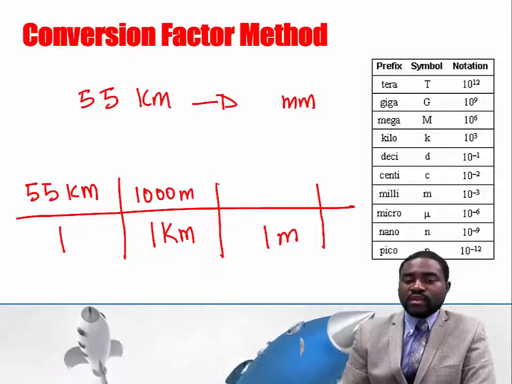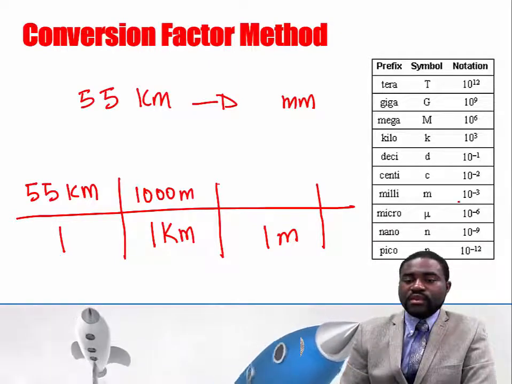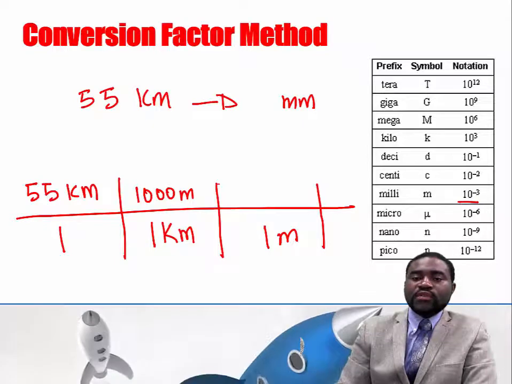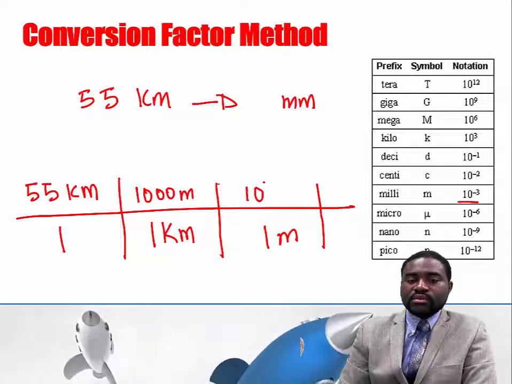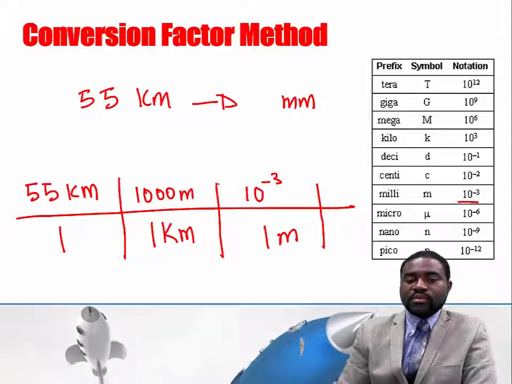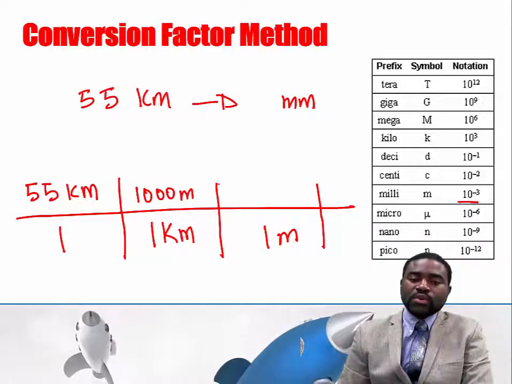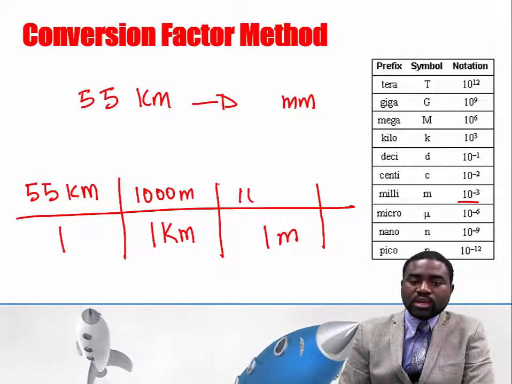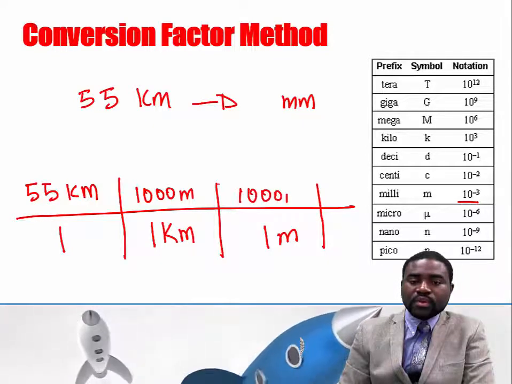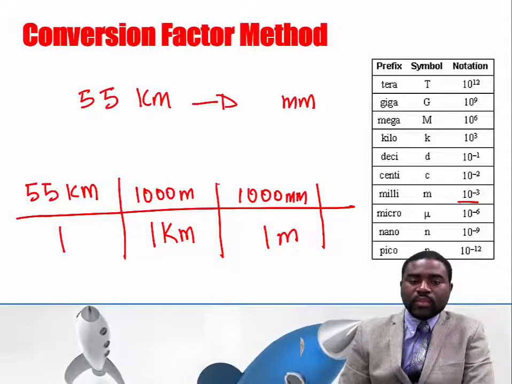If you look at this table, this is millimeters. It means that 1 millimeter is 10 to the minus 3 meters, so 1 meter is equivalent to 1,000 millimeters.